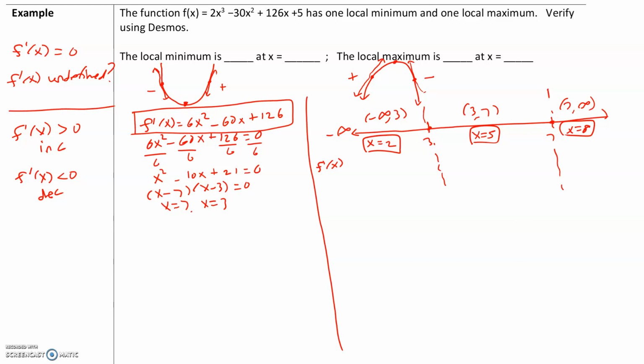And then we're going to figure out what is f prime of 2 equal to. So f prime of 2 is equal to 30, which means f prime is positive. f prime of 5 is equal to negative 24.